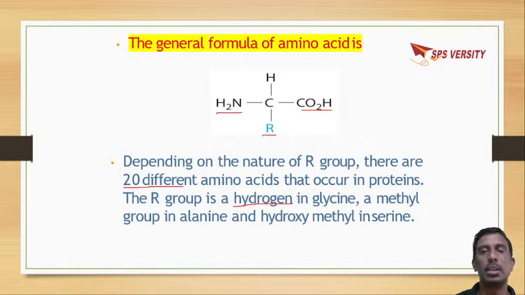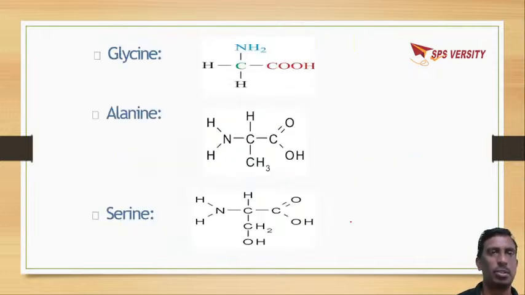So glycine में R group में hydrogen रहता. Alanine में methyl रहता. Serine में hydroxy methyl रहता. So depending upon the R group, the functional group, the amino acids differ. So here you can look at this glycine.